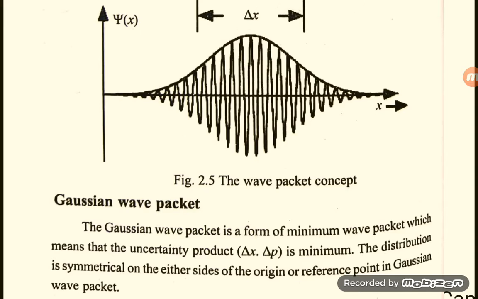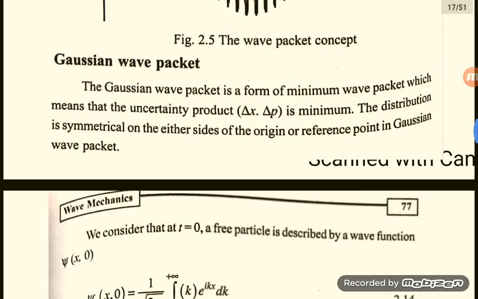If you take stationary waves, wherever you draw a vertical line, we treat it as a symmetric wave. In this case also the symmetry is there, so that symmetric wave is called the Gaussian wave packet.